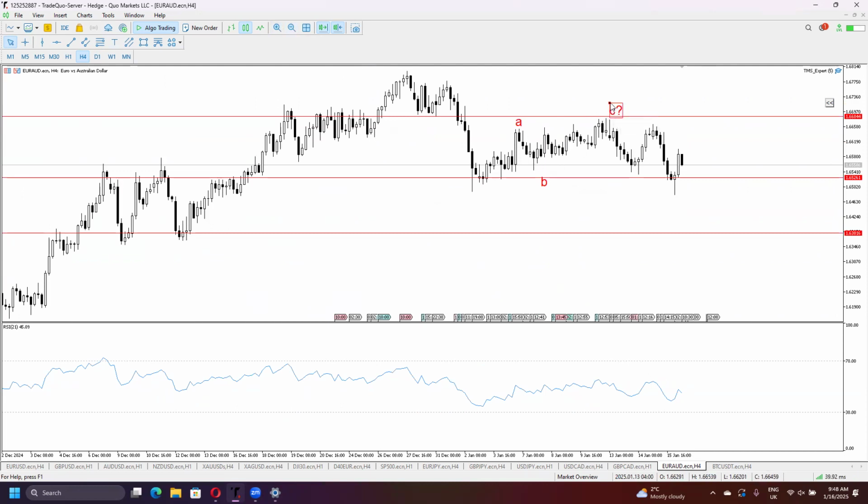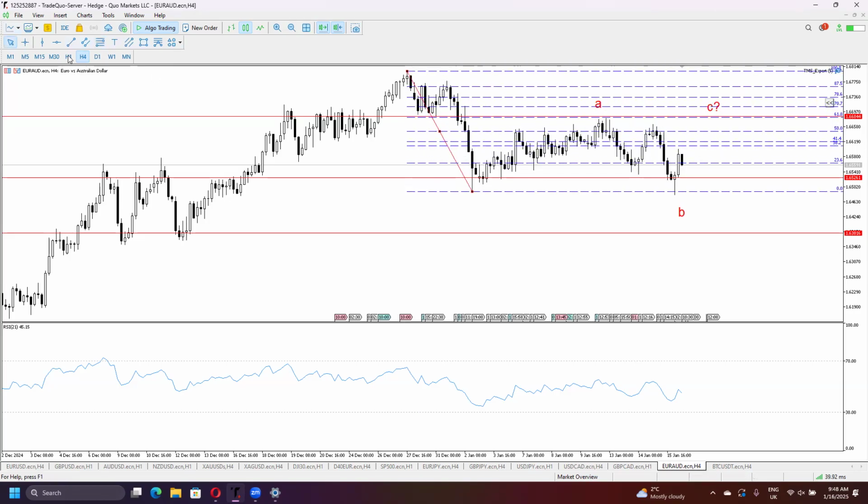But what I would do, because they fell down with the three waves movement, maybe I would like to move my B here to the bottom. Maybe I would like to move my A right there and see if there is a potential another shape of the corrections here. Let me go to the lower time frame.